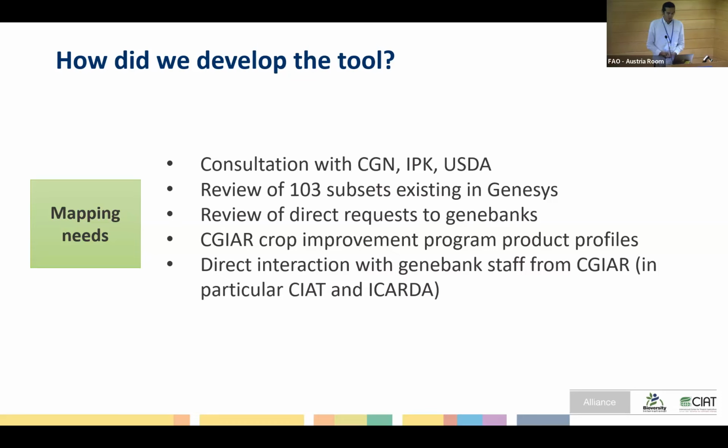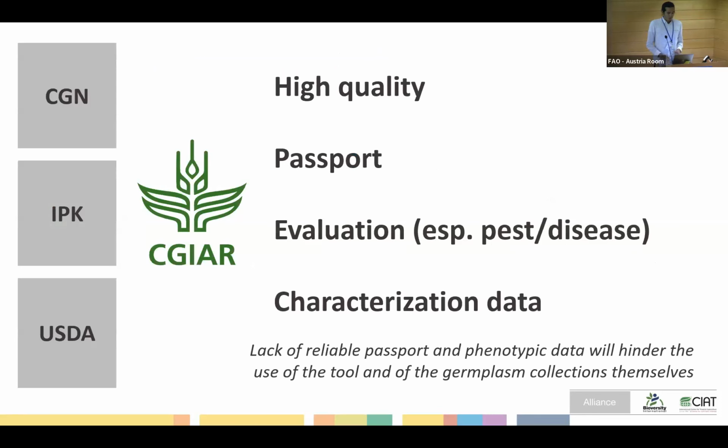And we also had direct interaction with gene bank staff from CGIAR, in particular CIAT and ICARDA, but also broadly with all of the CGIAR centers, because we did a survey to all of the collection curators and gene bank managers. So what we found in this interaction with the users is very simple, actually.